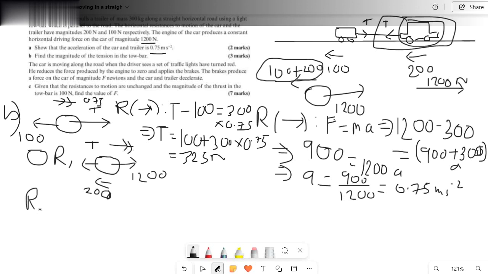So resolving to the right, just like before, we can say that 1200 minus 200 minus tension equals the mass, which is 900, multiplied with the acceleration, which is 0.75.